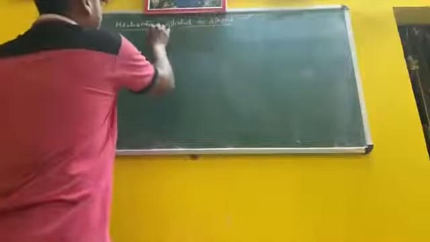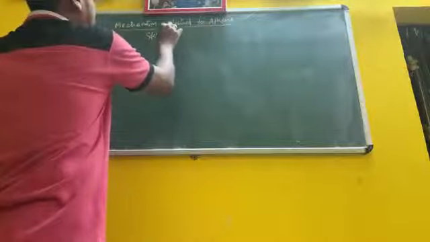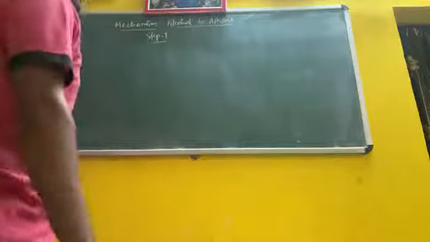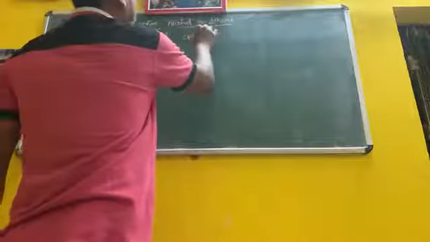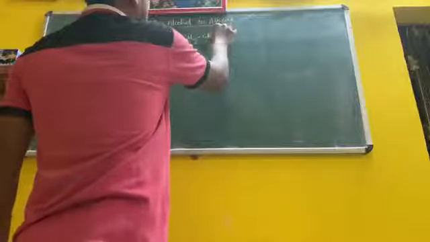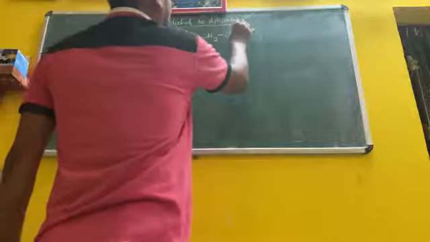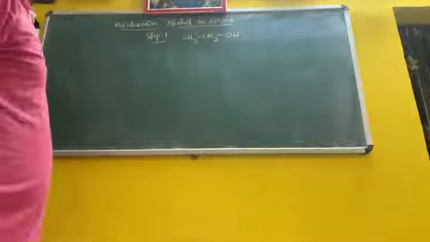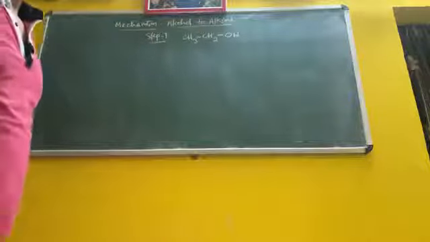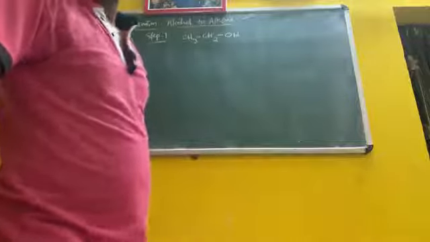So step 1. Alcohol CH3, CH2, OH. The first step is known as protonation.